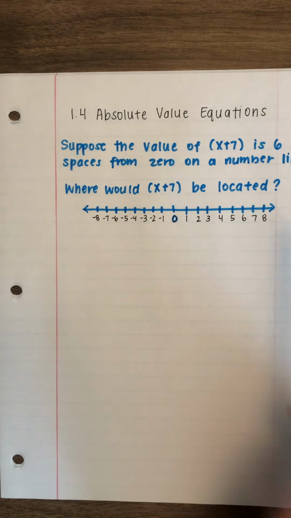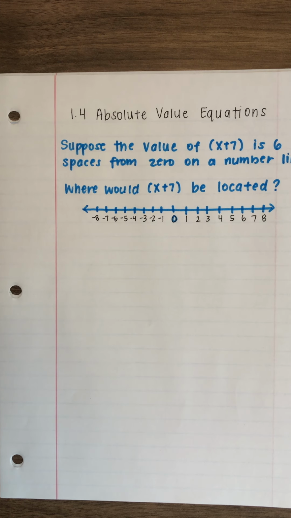Alright, we know that x plus 7 is going to be 6 spaces away from 0 on a number line.